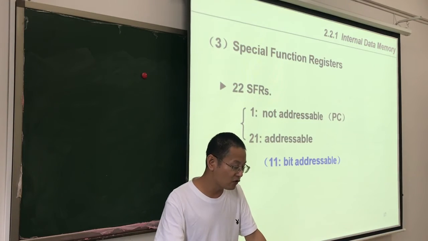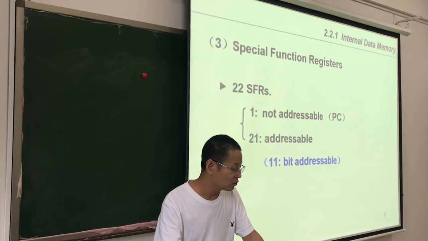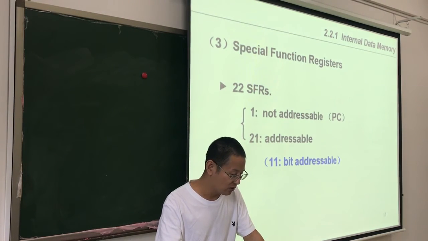As a special function register, there are 22 special function registers. One is not addressable, and it is for the PC. The other 21 can be addressable.